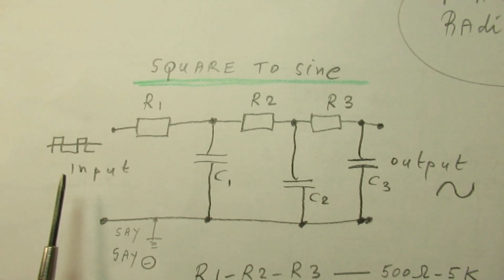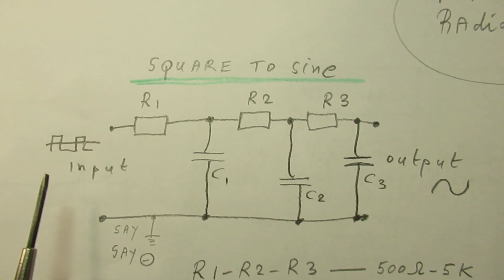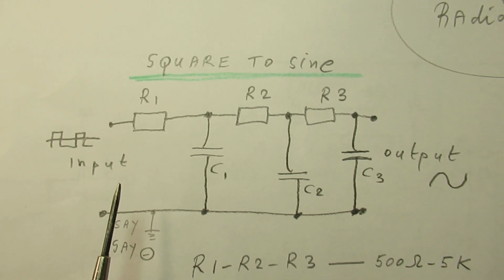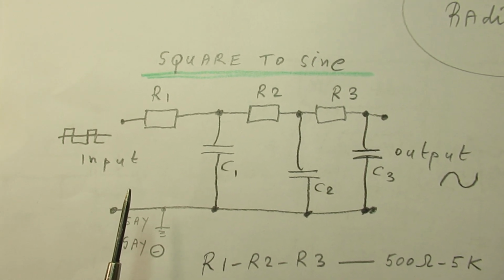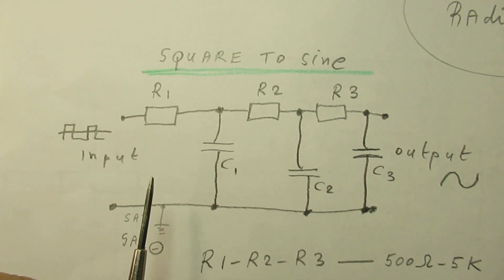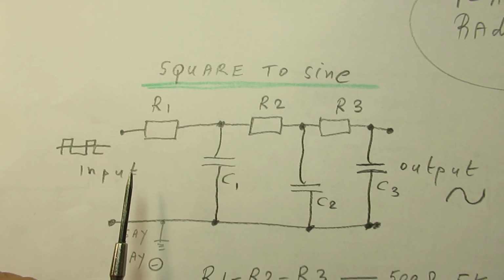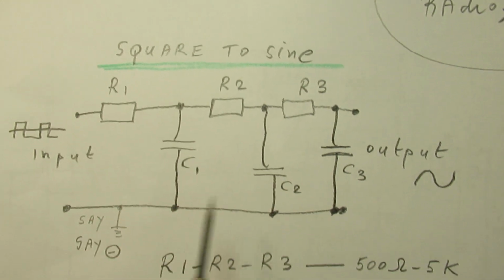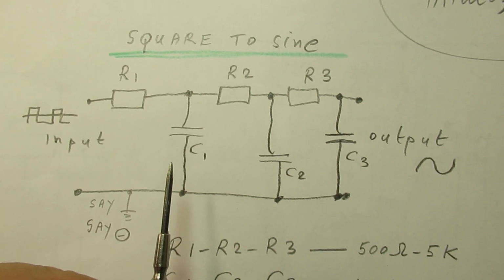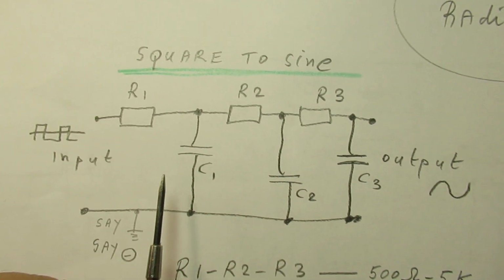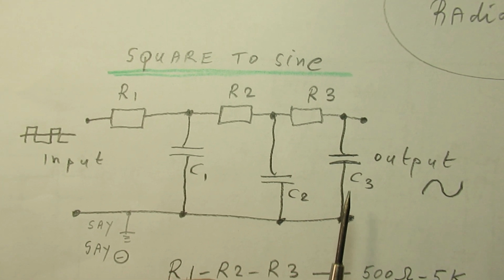So let's give it a try on 10,000 hertz, that is 10 kilohertz. These resistors could be 1K and the capacitors could be in the order of 15 nanofarad or 10 nanofarad.